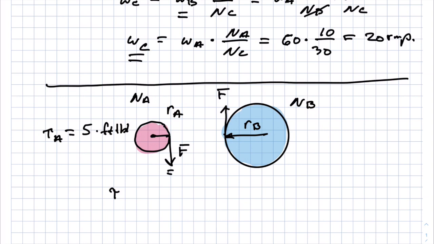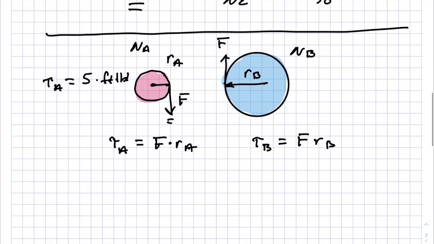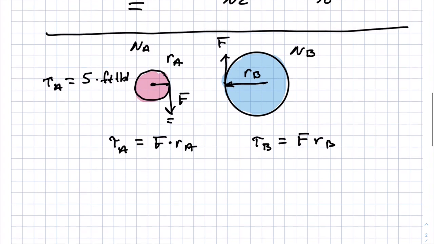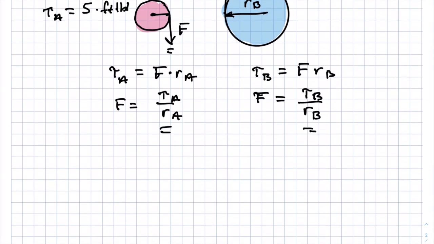Torque is a moment, so it's force times RA, and then tau B is the same force times RB. Since the force is the same, I can solve for F and equate these two things.